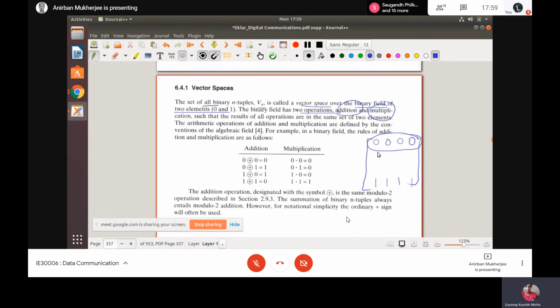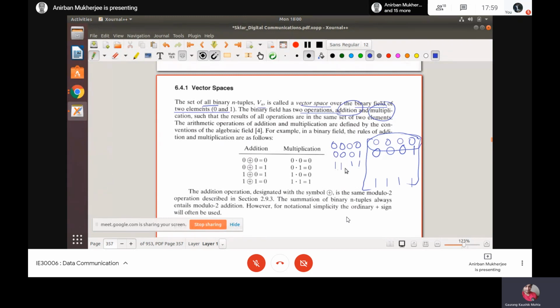If I choose 0 0 0 0 and 0 0 0 1, then the sum of these two must also be there. Say I have a subspace containing 0, and I am saying that these other vectors are also there, and I am saying 1 1 1. I have to check whether it is a right subspace or not.